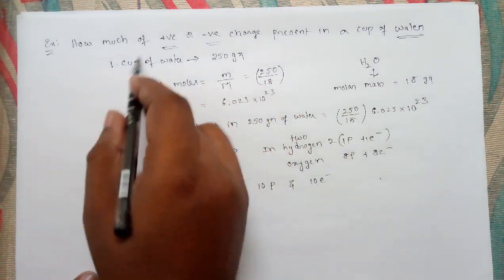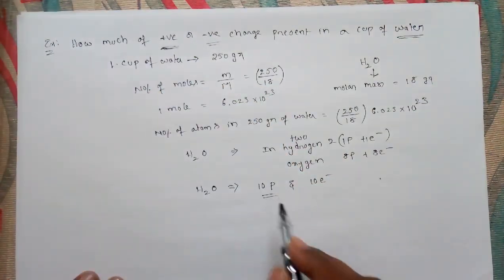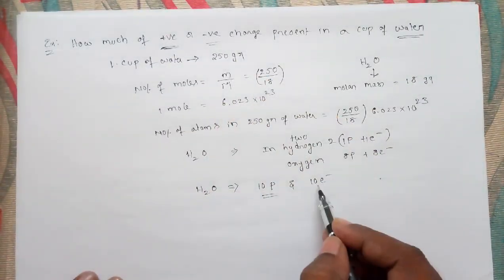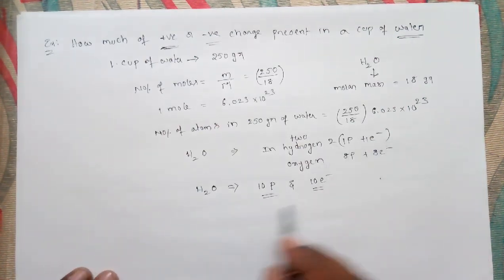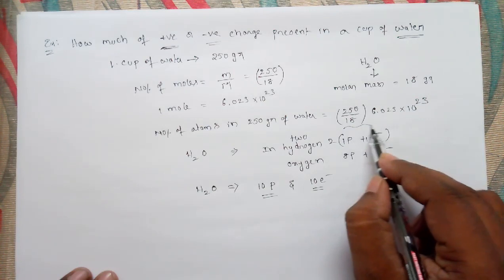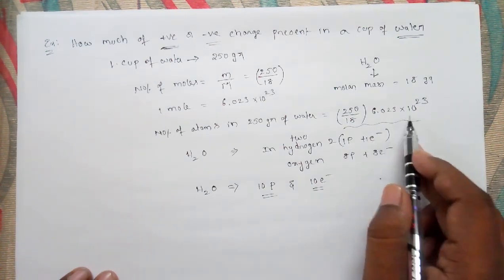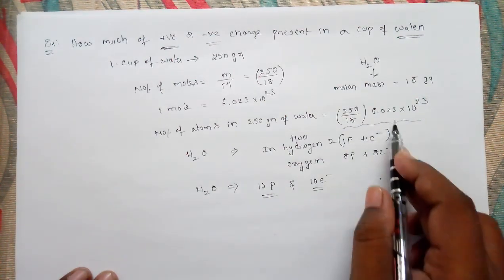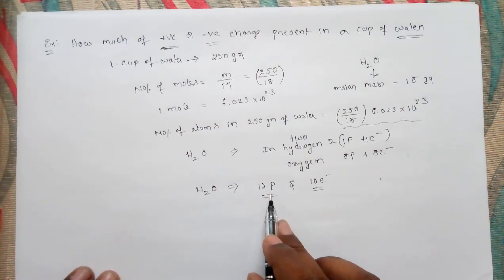If you want the positive charge, you take the protons. If you want the negative charge, the same magnitude of negative charge is present. So the total charge is the number of atoms, and in each atom there are 10 protons, so if you multiply these you will get the total number of charges present in it.